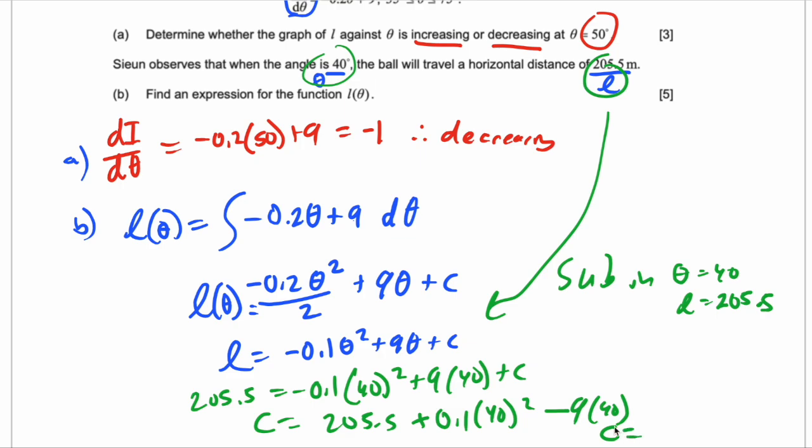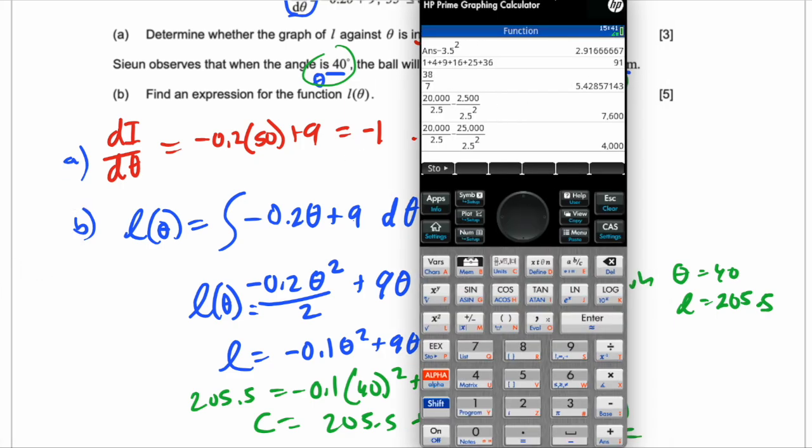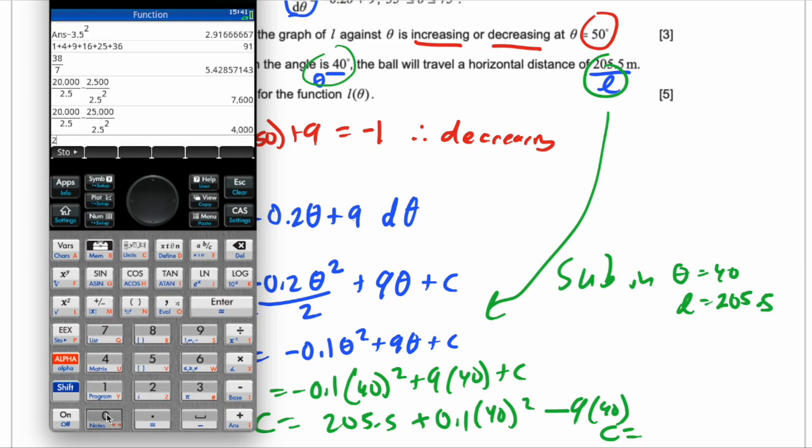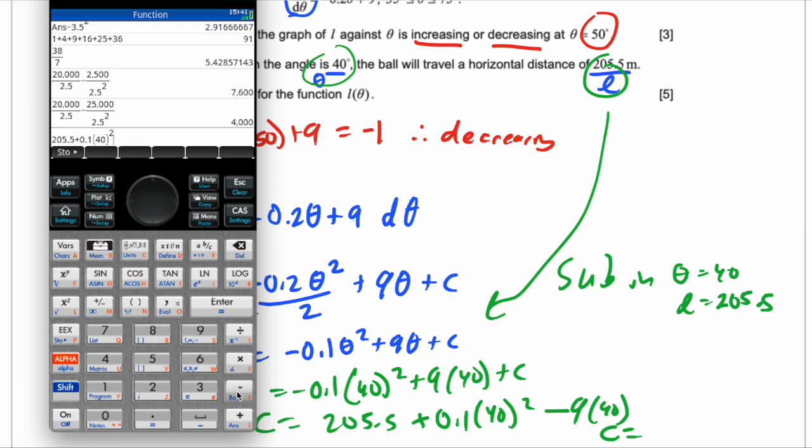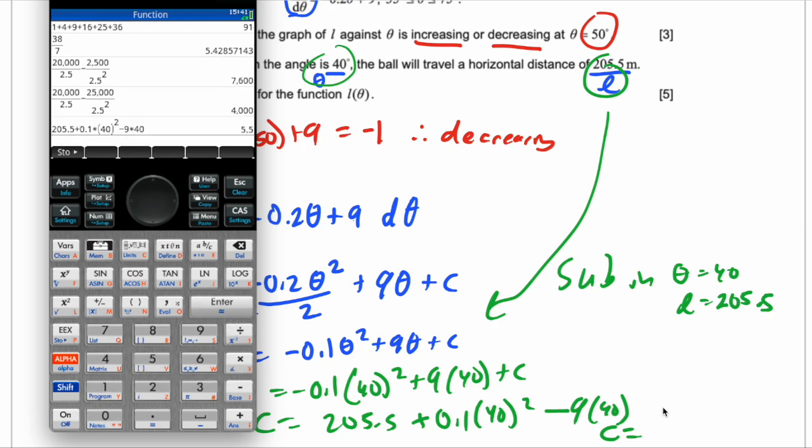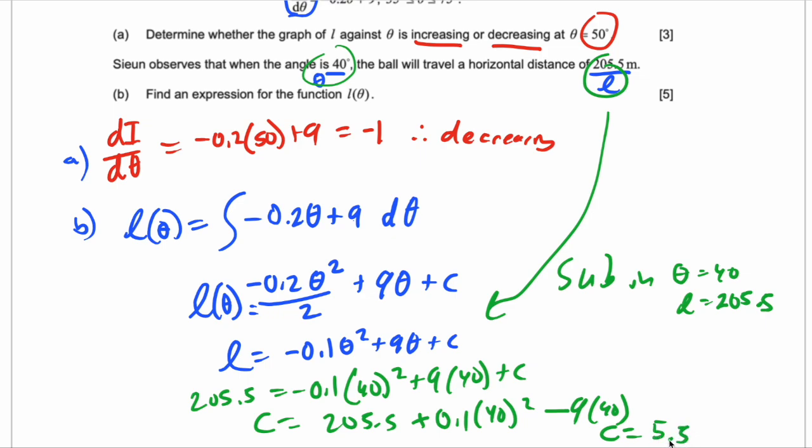Okay, so c equals, let's put that into the calculator, 205.5 plus 0.1 times 40 squared minus 9 times 40. It's 5.5.